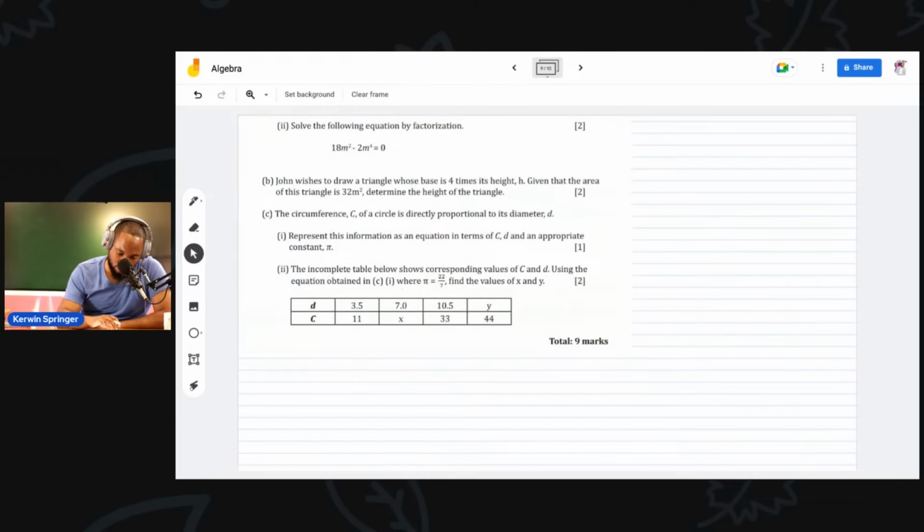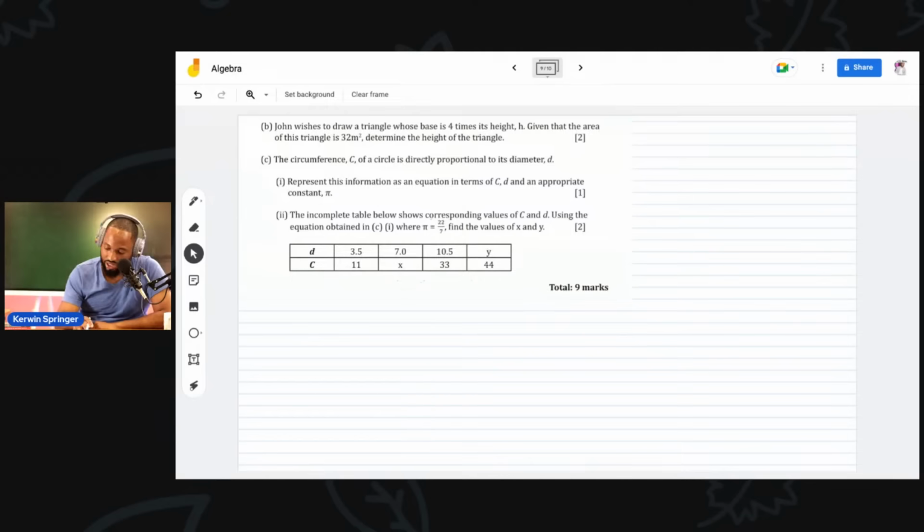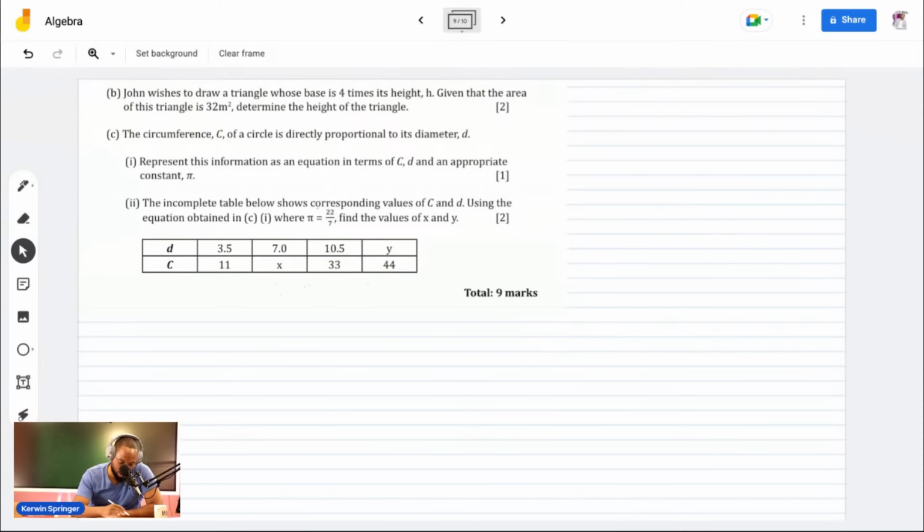John wishes to draw a triangle whose base is 4 times its height. So the base of the triangle is 4 times the height of the triangle. Given that the area of the triangle is 32 meters squared, determine the height of the triangle. Let me visualize this. So there's the triangle here, that kind of long triangle.